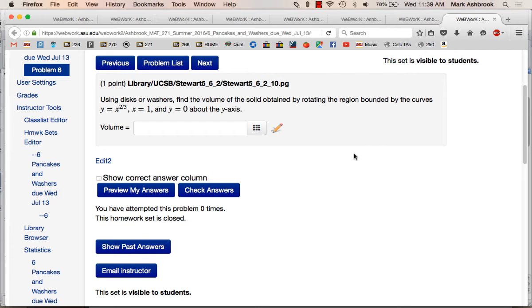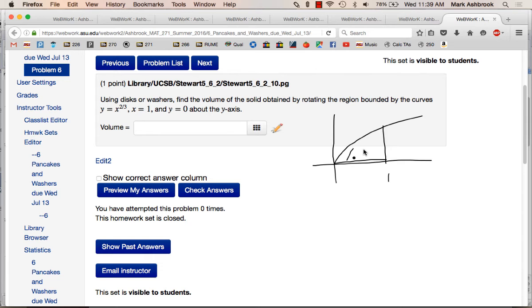Y equals x to the 2/3. I think that opens downward, or is concave down, like that. X equals 1 is like this. And y equals 0 is the x-axis.